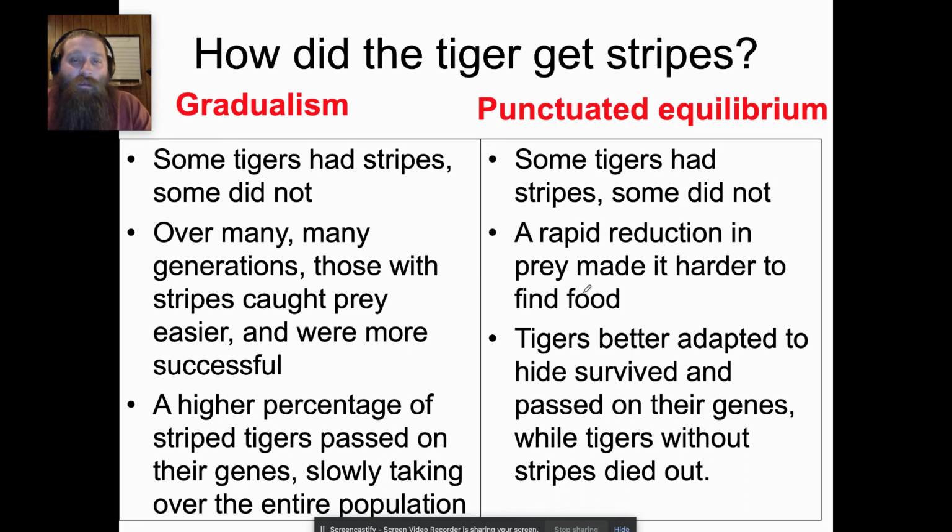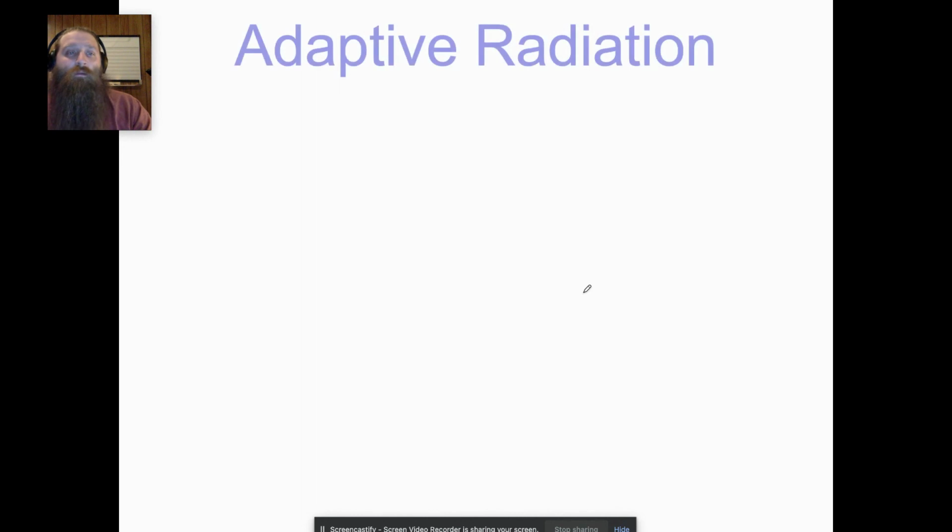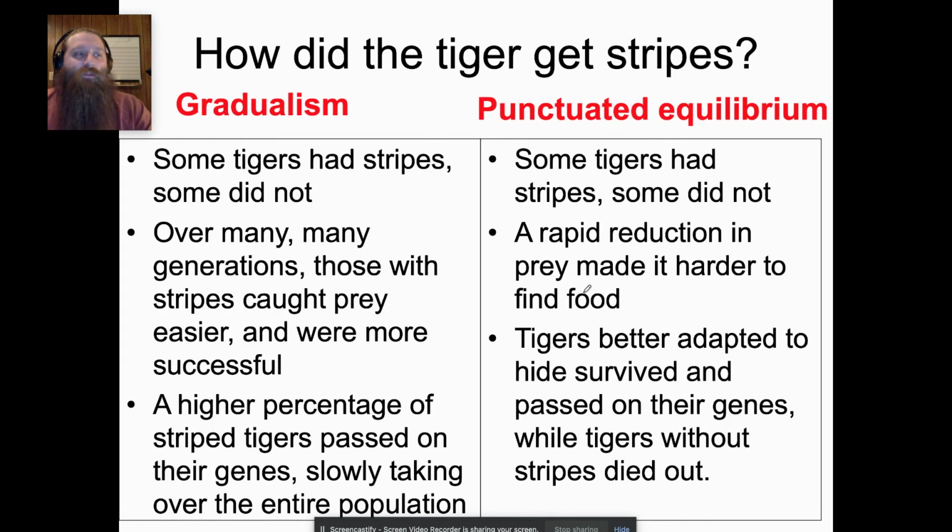But until you find that keystone piece of evidence, like evidence for a 50-year drought or something that led to the rapid reduction of the tiger's food, then you just look at both and you say both of these are plausible. Typically speaking, a species that has a short evolutionary history we usually classify under punctuated equilibrium. With longer evolutionary histories, they typically display gradualism.